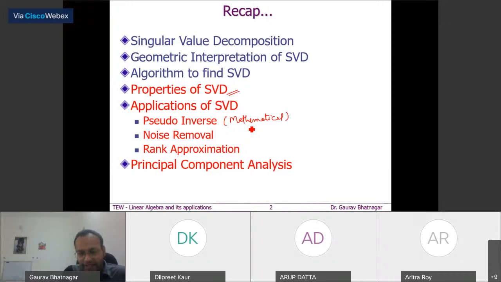The next two applications are basically from the point of view of data analysis or data science, whatever you want to say. And I am going to give the examples from image processing.